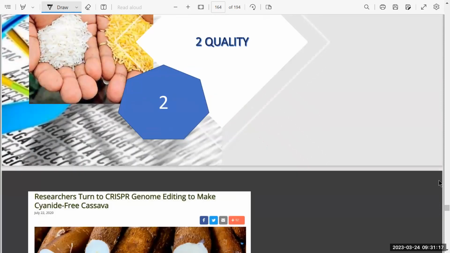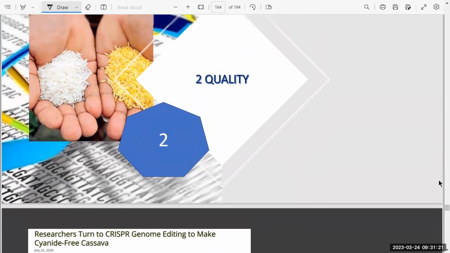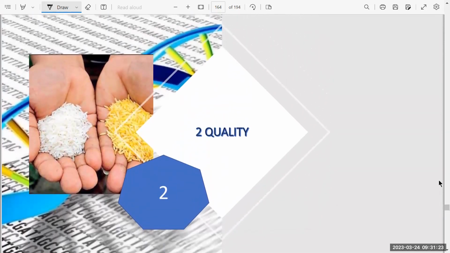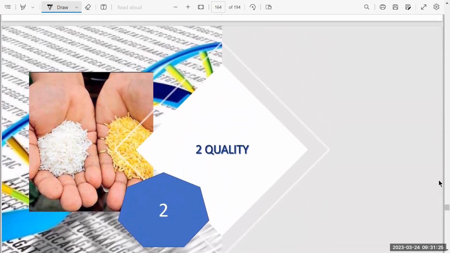Okay, now we are coming to the last section we discussed last week. All the genetic concepts, evolution, and natural selection, everything belongs to the natural process.